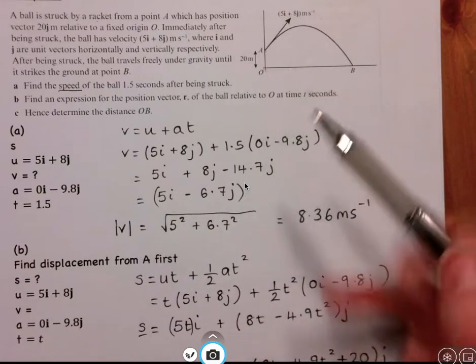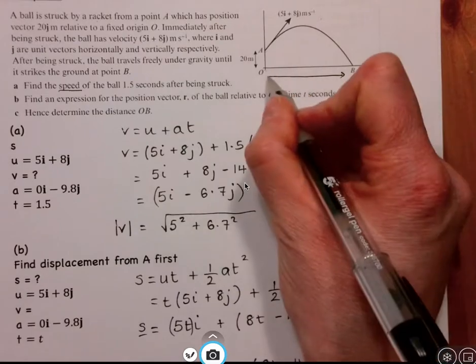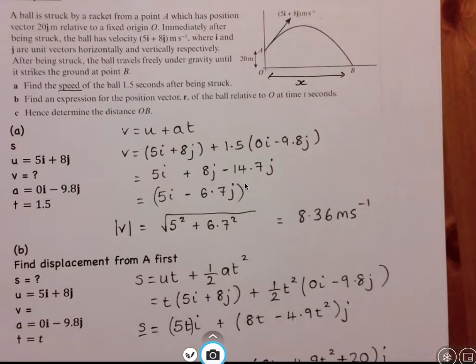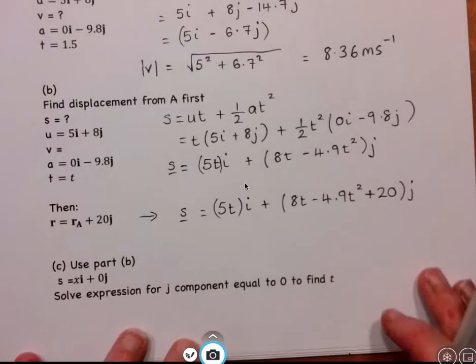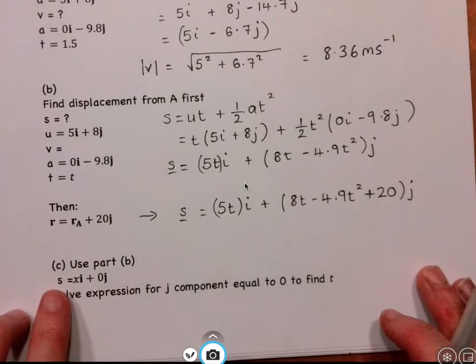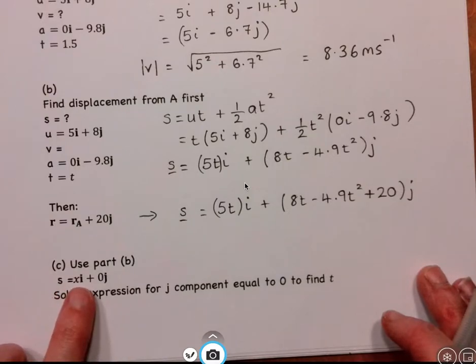And what we want to find is the horizontal displacement x, or the i component of the displacement. So I want to find what S is in terms of xi, but I know that the j component will be 0.